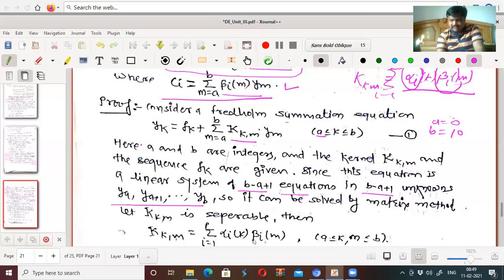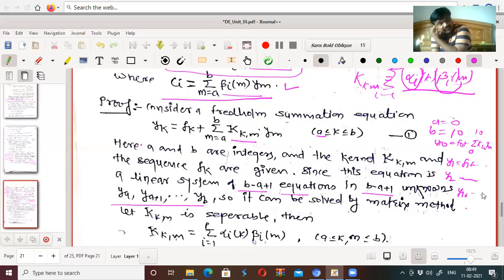First, Y0 equal to F0 plus summation from 0 to 10 of K of km Ym. One equation you get. Second, for Y1, F1 plus something, for Y2, F2 plus something, up to where you are getting Y10.